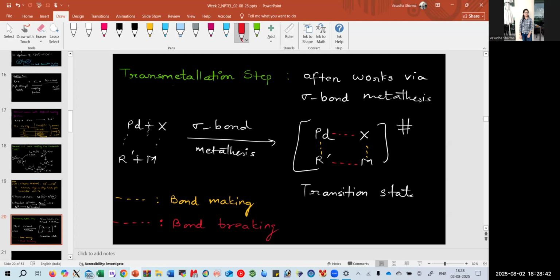This is what we call sigma bond metathesis, where it will then end up making the palladium-R' bond and the MX bond.